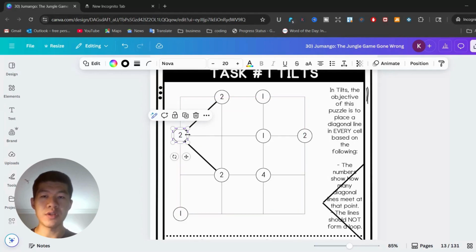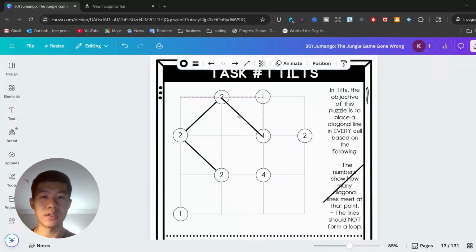So if I draw 2 diagonal lines like this, that means this next 2 right here, since it already has 1 diagonal line connecting to this number right here, the only logical place to put my other diagonal line, based on what I've drawn so far, is right here.